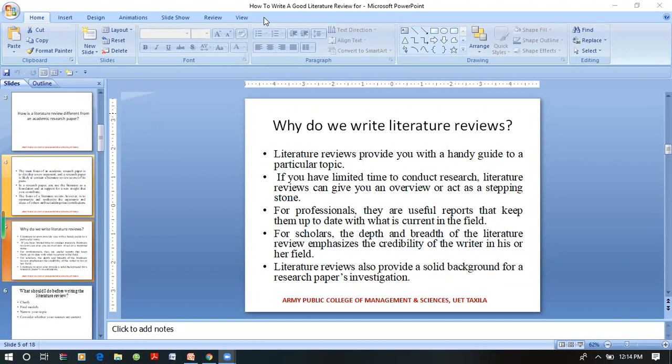But when you are writing a literature review article, it is totally based on your problem statement, and you can write a good review article if and only if you have good references or good publications very close to that topic.